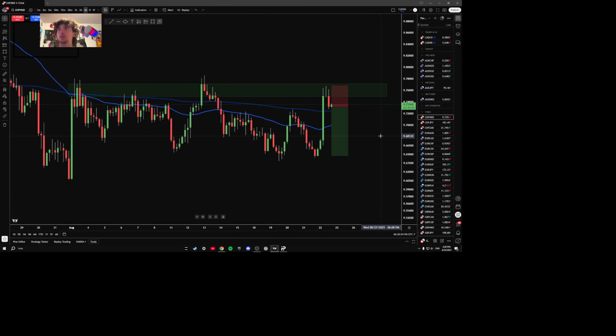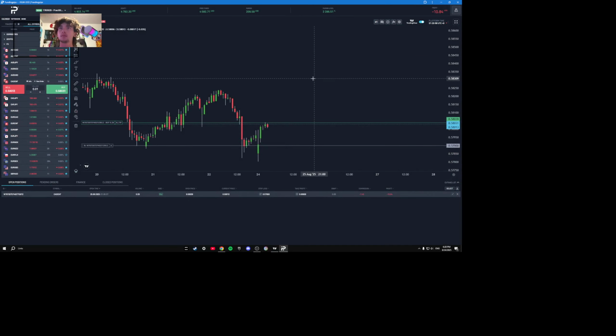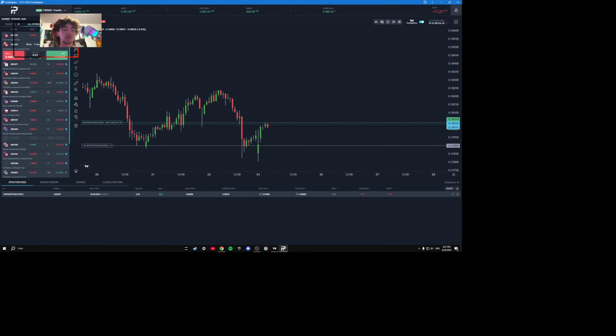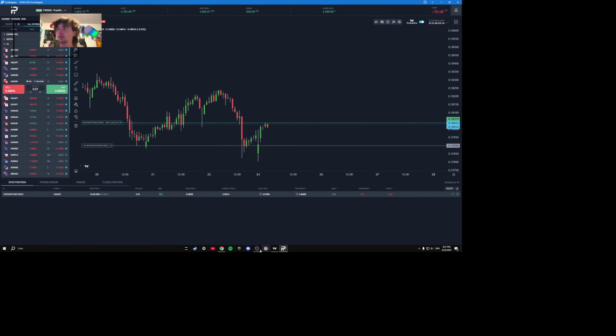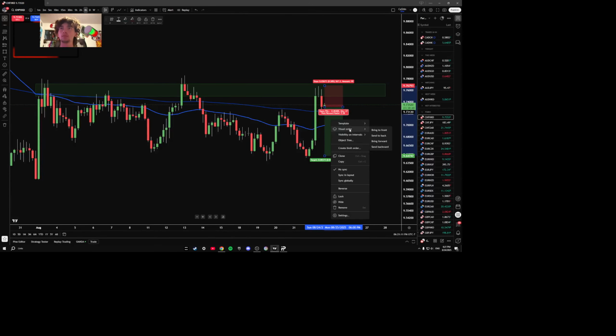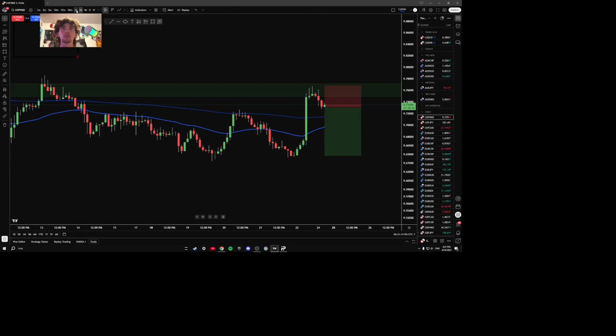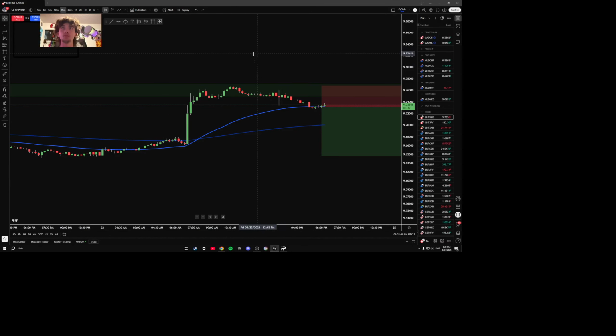I'm taking this pair too. I don't even think it's on Funding Pips. Yeah, there's no Hong Kong dollar on Funding Pips. I really don't see anything wrong with these pairs.